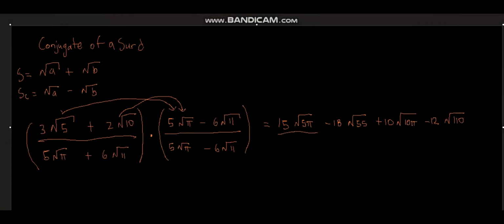Now for the denominator, 5 root pi by 5 root pi is 25 pi.